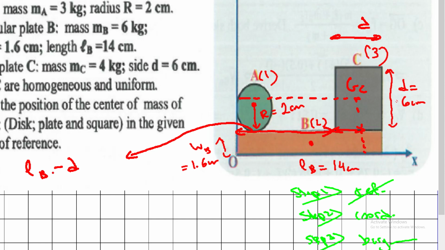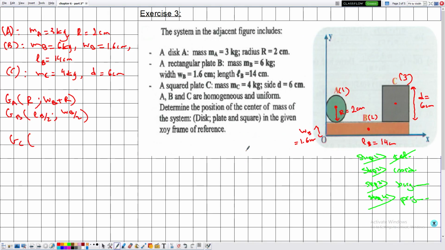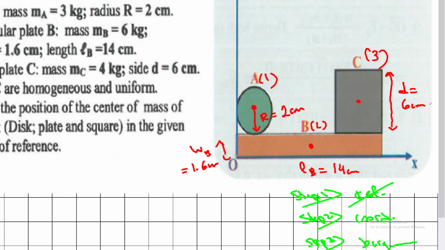This distance corresponds to D over 2. Okay, so this will be equal to LB minus D plus D over 2. Okay, as for the ordinate, it's given by WB plus D over 2.